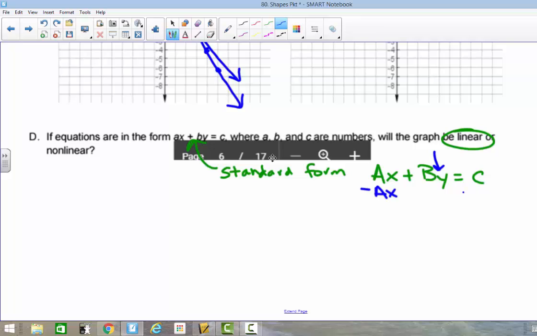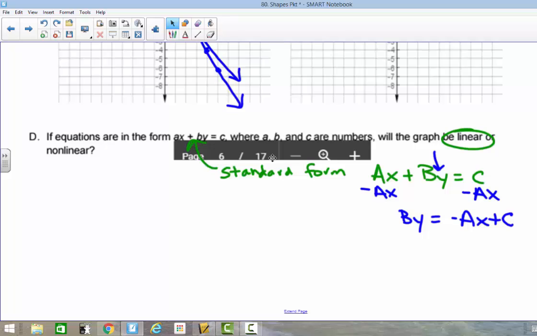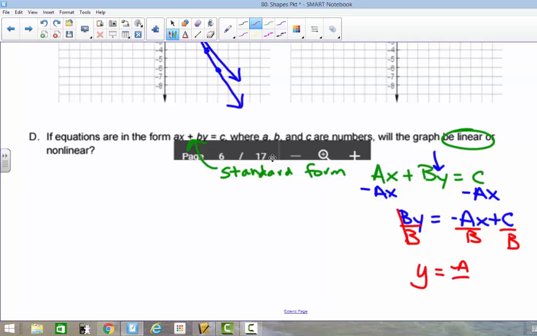And we've been doing this. You would subtract the ax, and then you would divide by b. So y equals your slope times x plus your y-intercept. So that's a line.